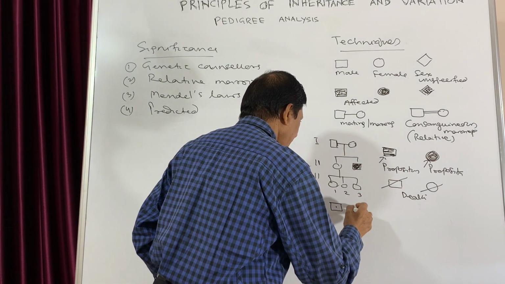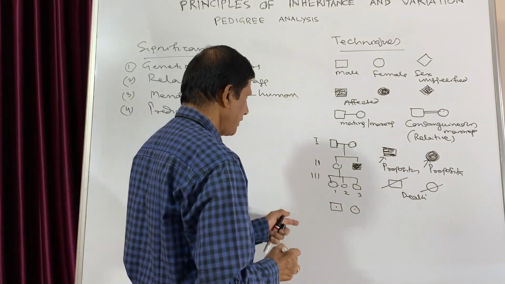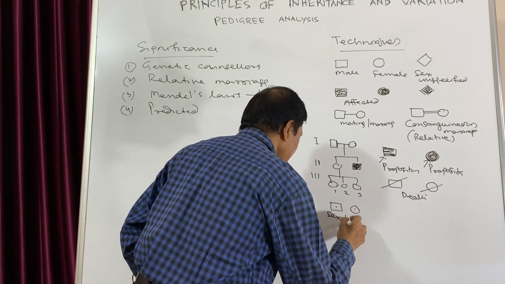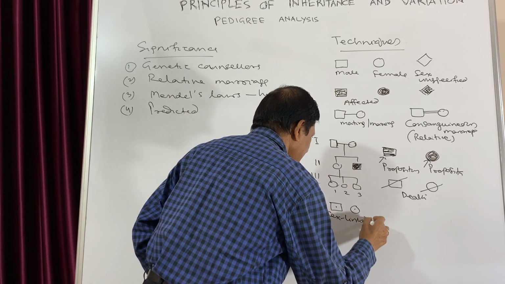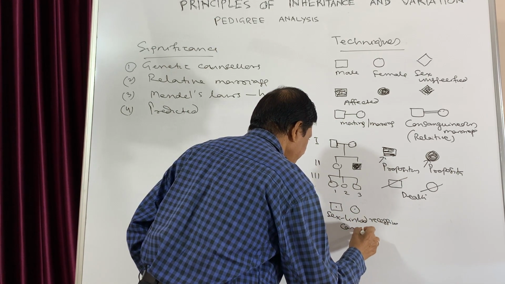Now another thing, if there is a dot here, and in case of female also there is one dot here, that means these are carriers, sex-linked recessive carriers.